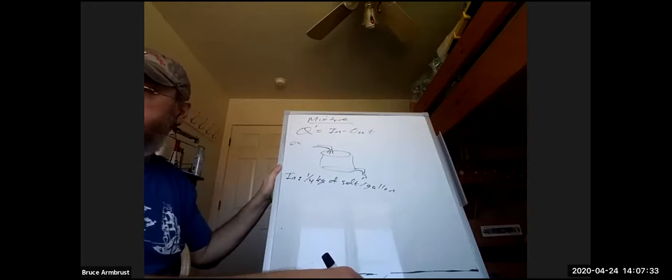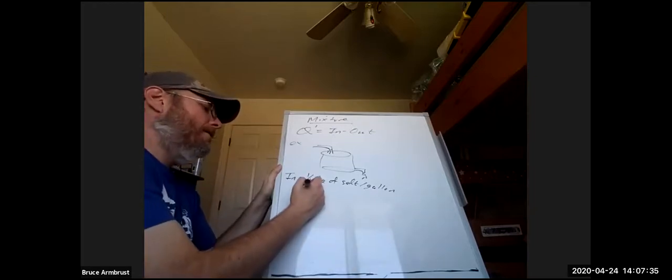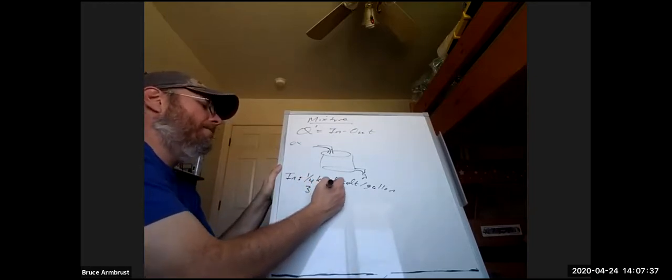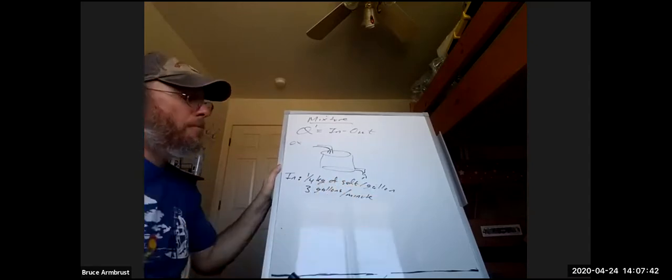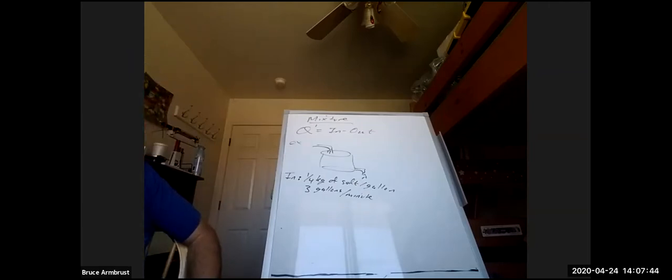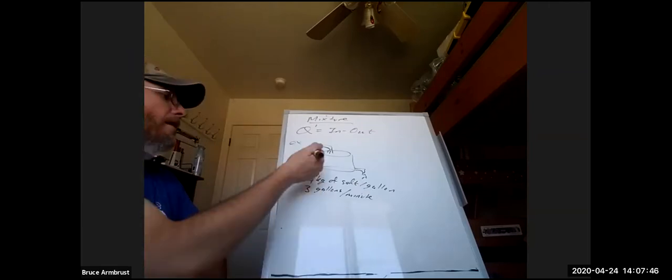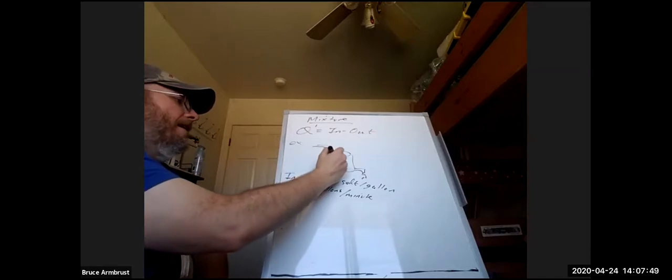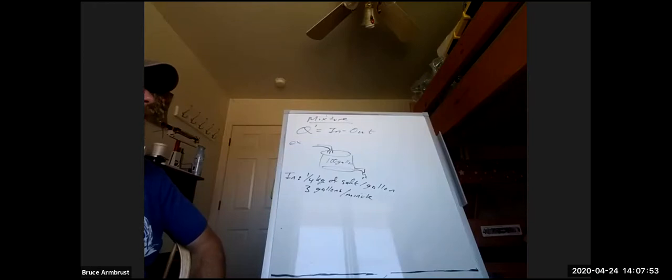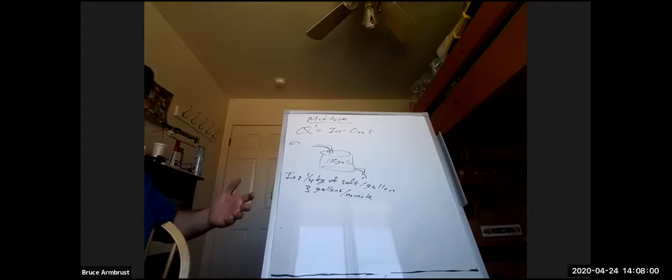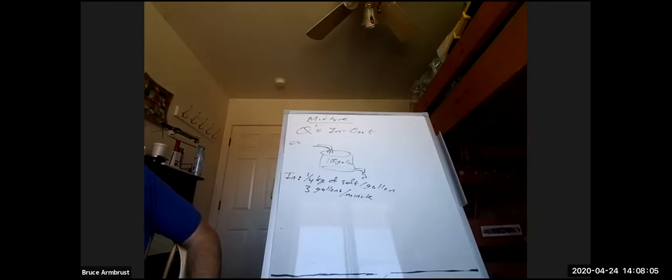Let's say that it's flowing in at a rate of 3 gallons per minute. I'll also tell you that this tank is 100-gallon capacity, the same tank as in the example last time. So every minute, 3 gallons are coming in, and each of those gallons contains 1/4 kilogram of salt.